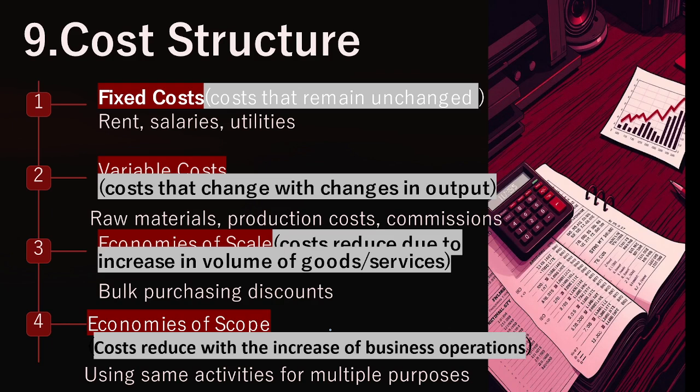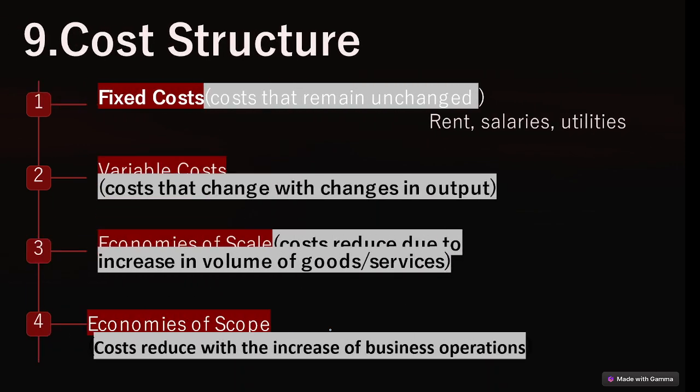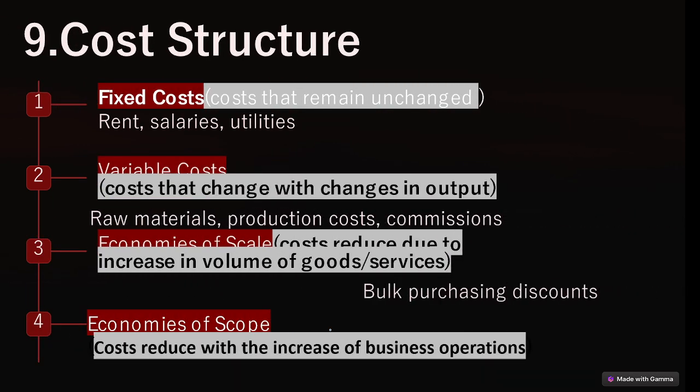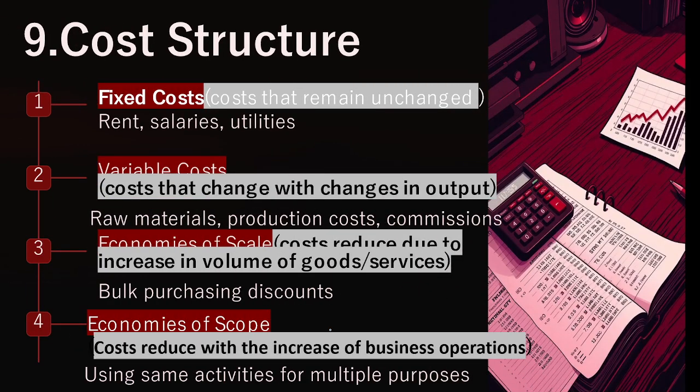And of course, when looking at the cost, the business should be efficient. You look at different types of costs. We have variable costs, then fixed costs. You look at economies of scale and economies of scope.